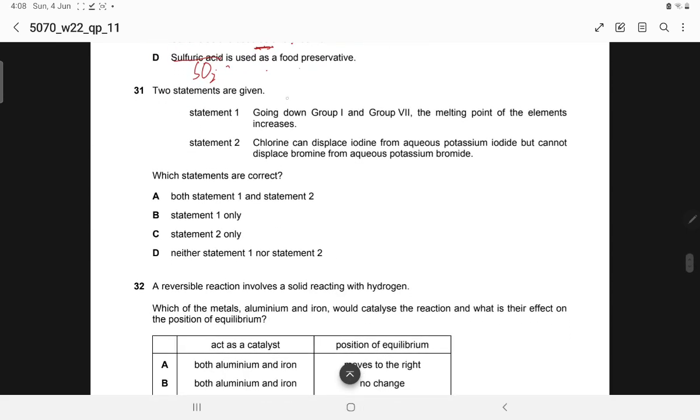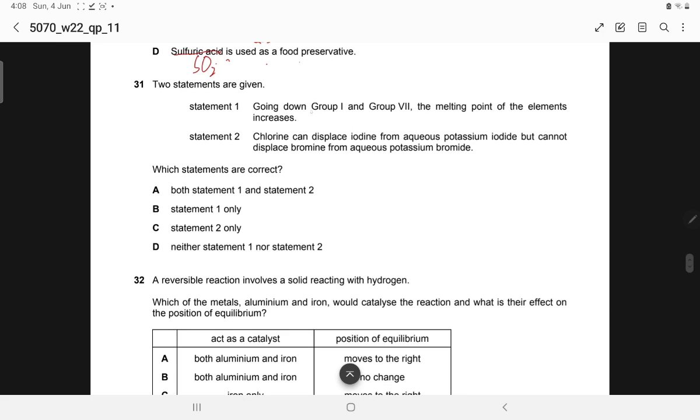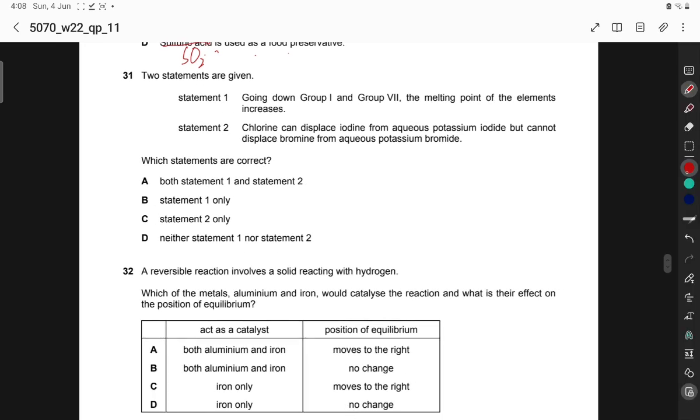Question 31, two statements are given. Statement 1: going down group 1 and group 7, the melting point of the elements increases. Statement 2: chlorine can displace iodine from aqueous potassium iodide but cannot displace bromine from aqueous potassium bromide.